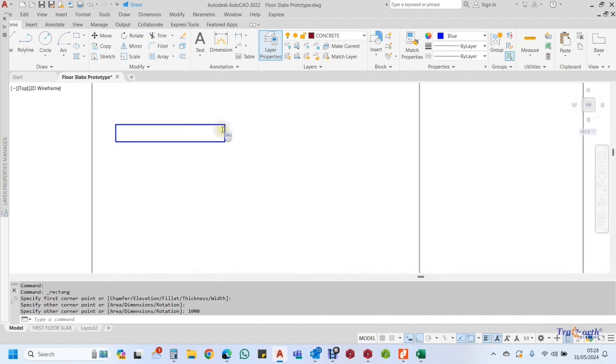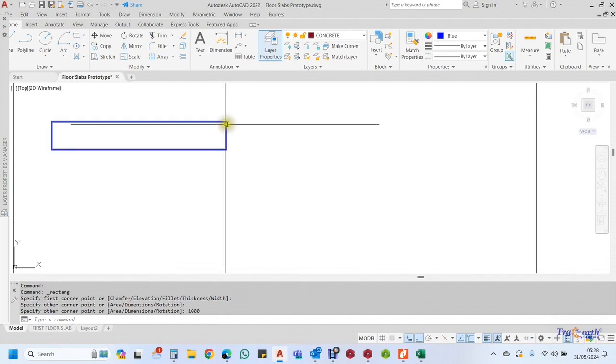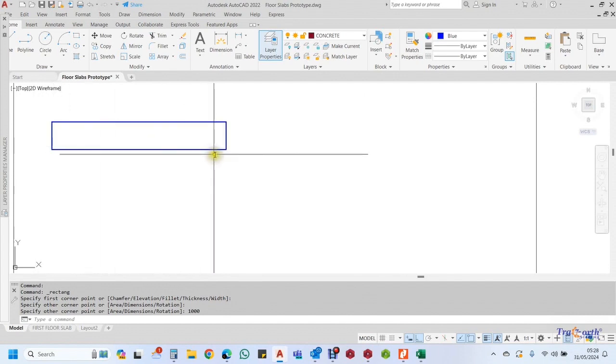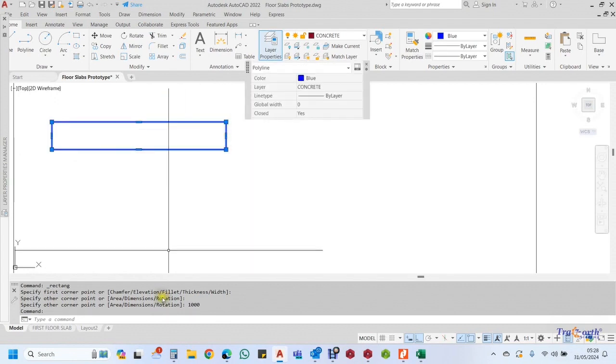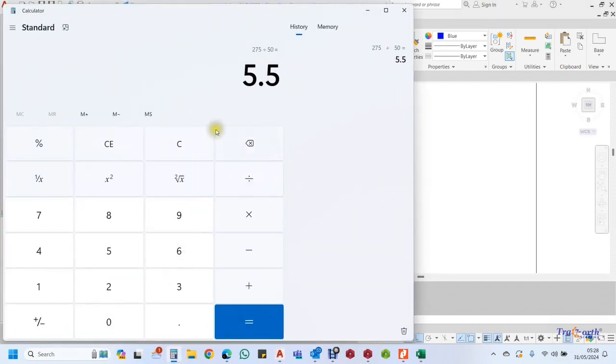What it's saying is that the area, this 1 meter width by 0.15 meter, that's 150 millimeter times 1000, which is the width.